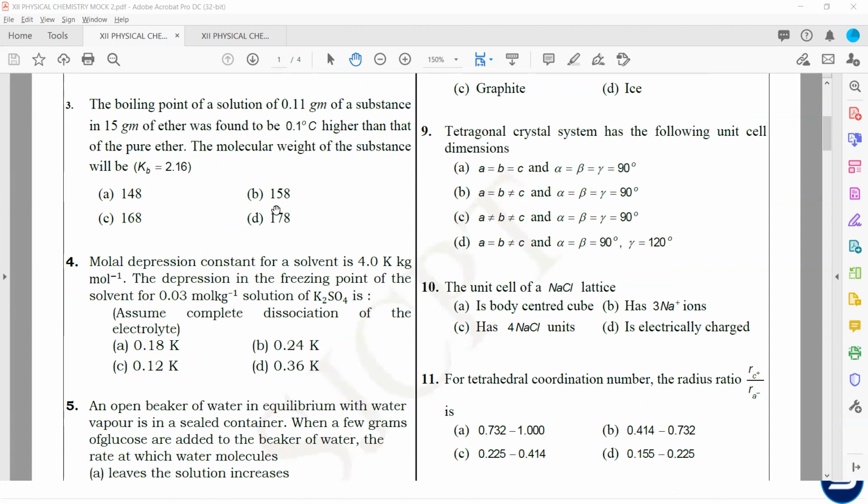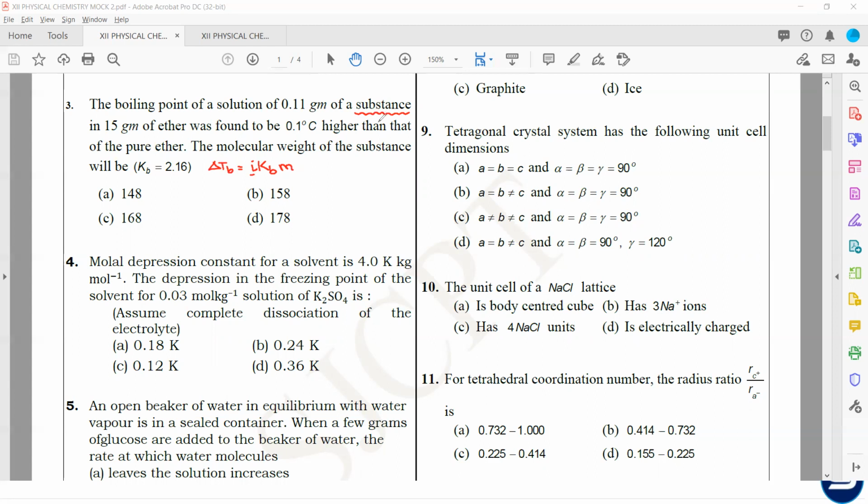Next, the boiling point of a solution of 0.11 gram of a substance in 15 gram of ether was found to be 0.1 degrees Celsius higher than that of pure ether. Molecular weight of the substance will be? It is a simple formula-based question. Delta Tb is equal to i into Kb into molality. What is the value of i to be put over here? 1, because the substance is not specified, meaning we have to assume it to be a non-electrolyte.